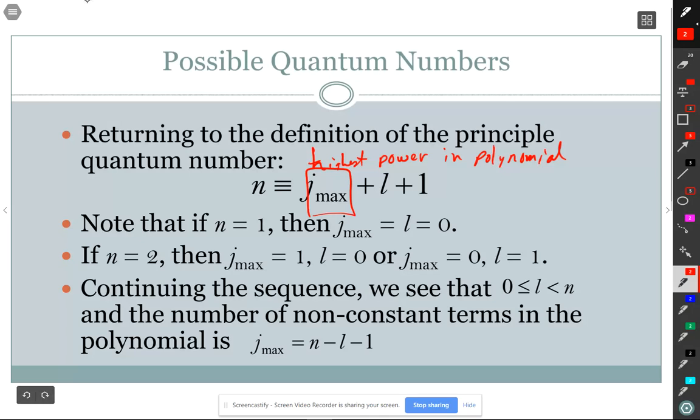So that means N starts at 1. And if N is 1 bigger than L, then what's the highest power you're going to have in your polynomial if N is 1 greater than L? So let's say N equals 3, L equals 2.